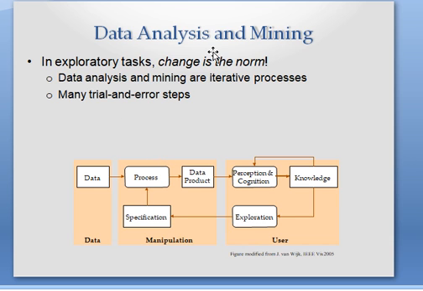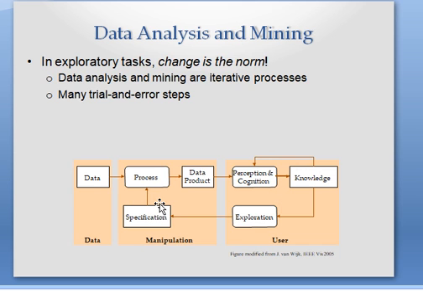So this is also a diagram. Data, process, manipulate data products, and perception and cognition, additional expert knowledge, for example, and then at the end of the day we try to explore the usage. But this is a loop, so some human experts add information to data mining.